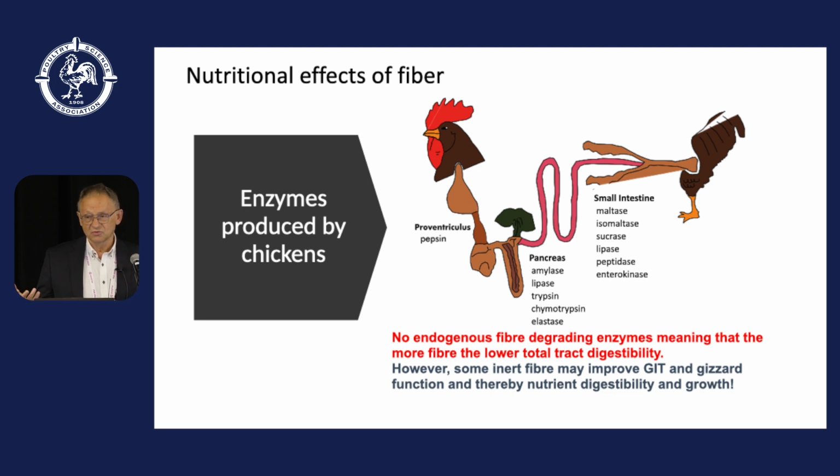However, as was explained yesterday by my peers, some kinds of fibers may have an interactive effect on the gastrointestinal tract. Although they can't be utilized by themselves, they may have a positive influence on the development of the gastrointestinal tract, and thereby potentially influence the utilization of the nutrients.